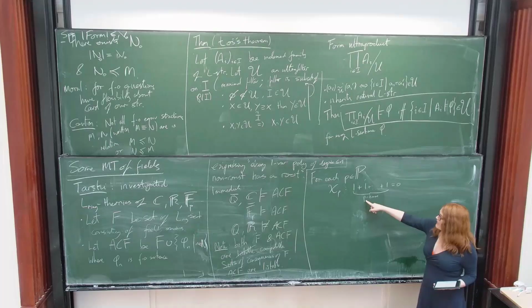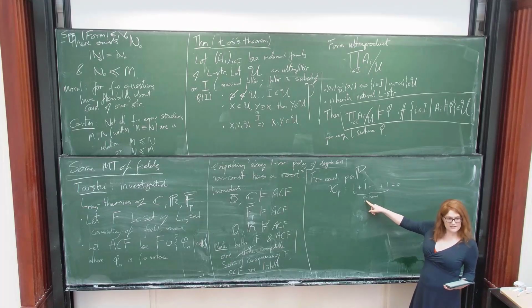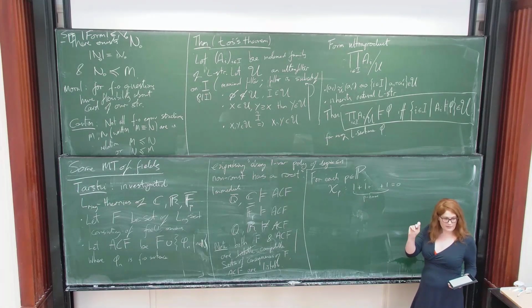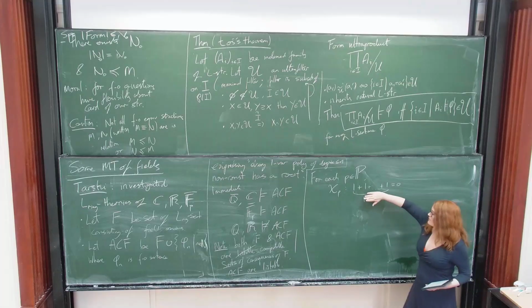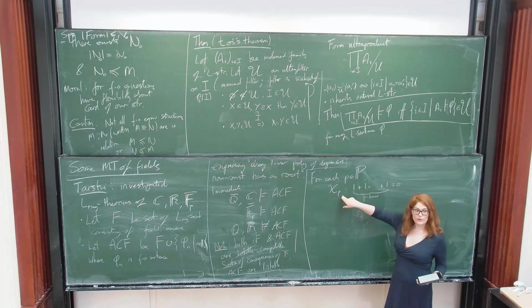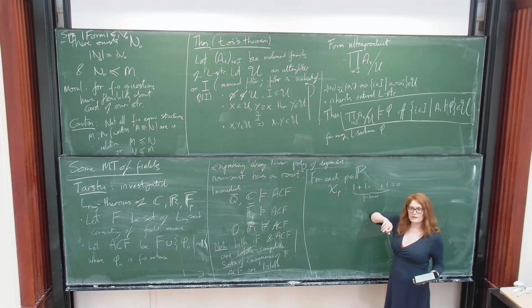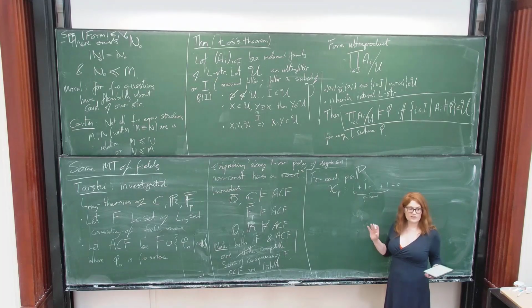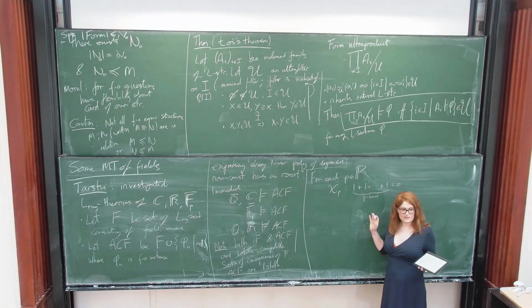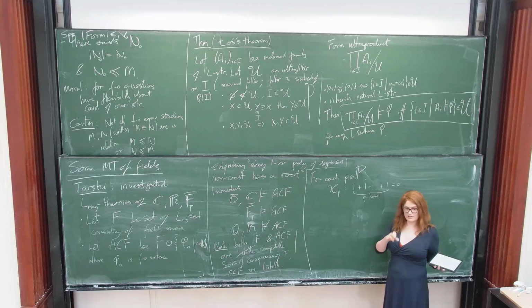Let's note that p is not here a variable in the sentence. That's a really important principle in logic, just to be a little bit careful about that, right? The sentence chi_2 is just 1 plus 1 equals 0. The sentence chi_5 is 1 plus 1 plus 1 plus 1 plus 1 equals 0. There's not one sentence with a variable p.